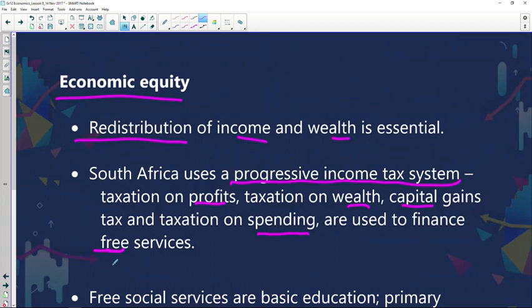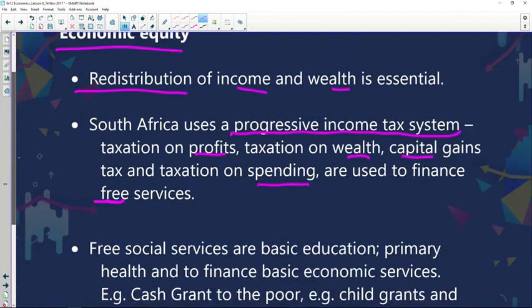That's what we mean by a progressive income tax system. And that money is used to finance free services in education, in health, and so on. All that money is generated from a progressive income tax system.